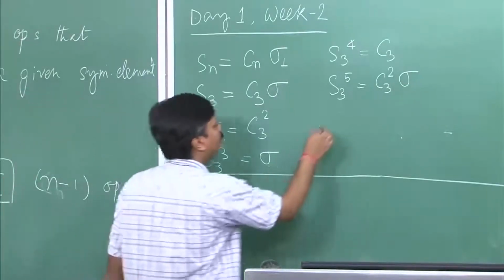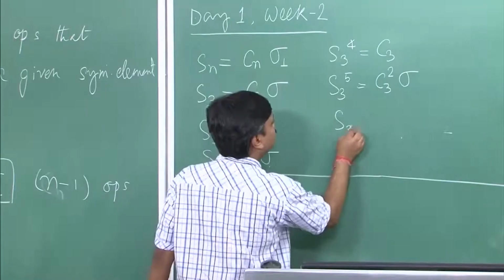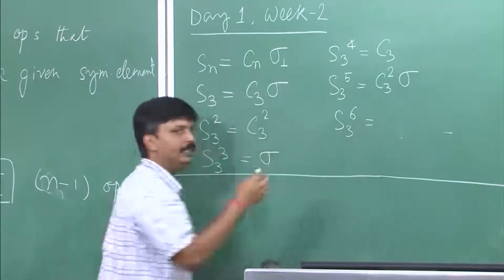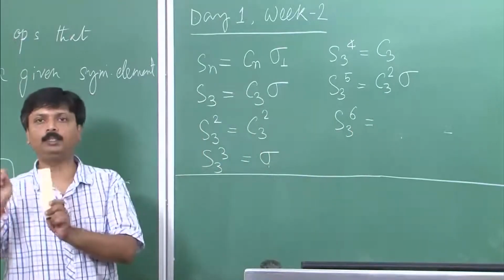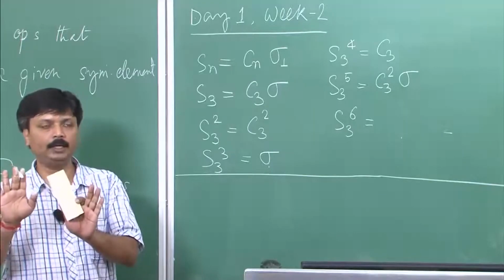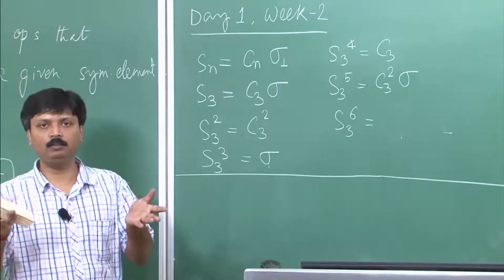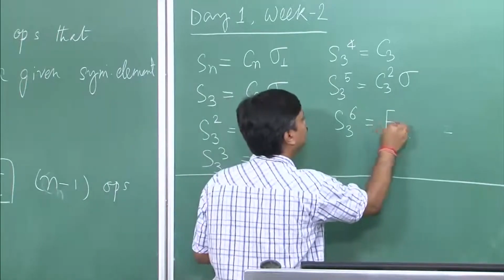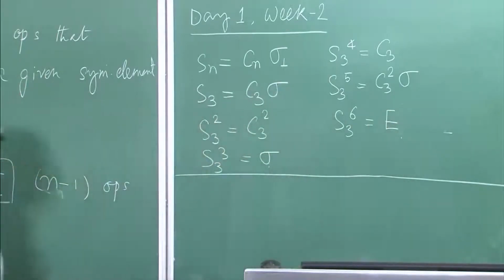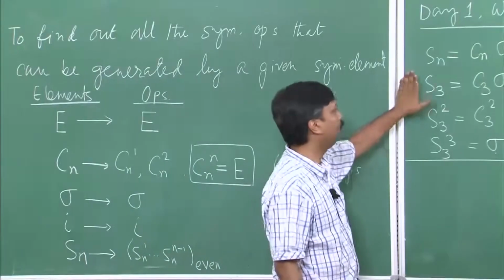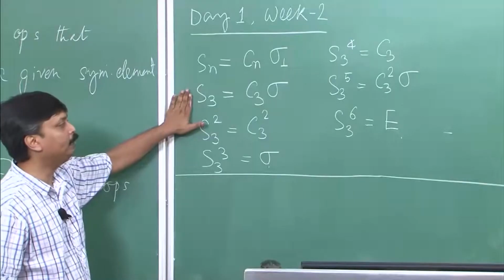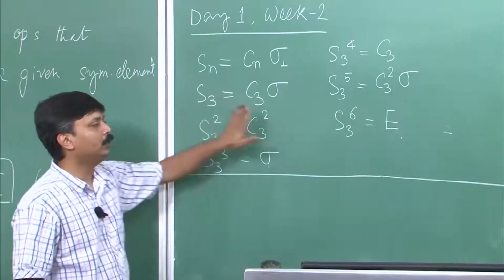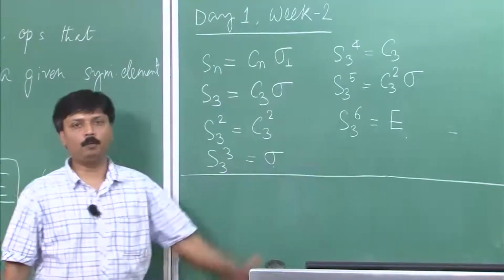Okay. And if I go to S3^6, I have C3^6 meaning C3^3 followed by C3^3. So two identities I am getting, and sigma^6, an even number, will generate only E. So S3^6 is E. So what I get here, for an odd number n, Sn will generate a total of 2n operations.